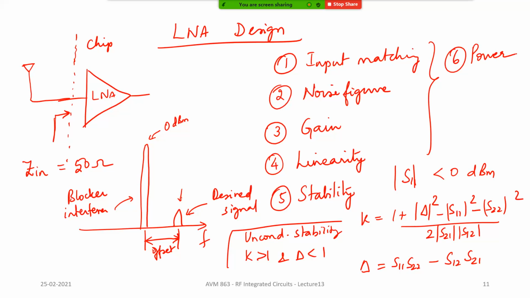The biggest chunk will be consumed by your low noise amplifier. And of course another thing that we always keep in mind is the area occupied. We also look at bandwidth and things like that. So these are the specifications that we need to be aware of when we start designing an LNA.